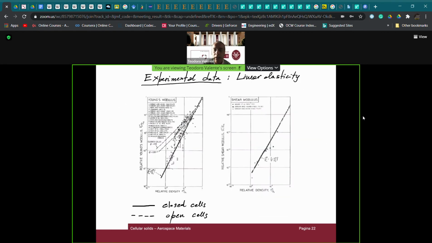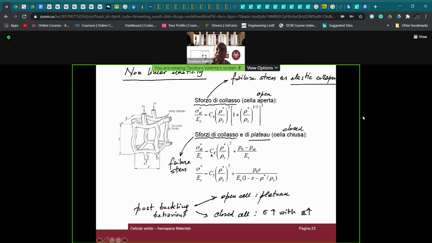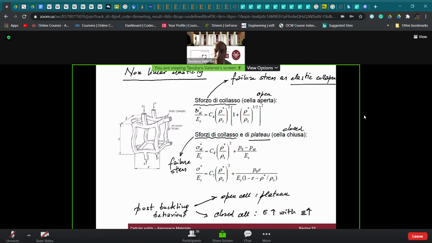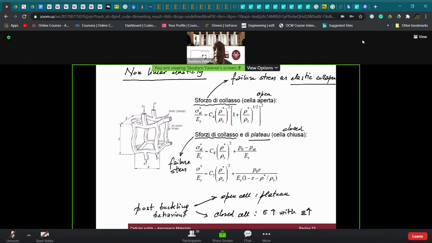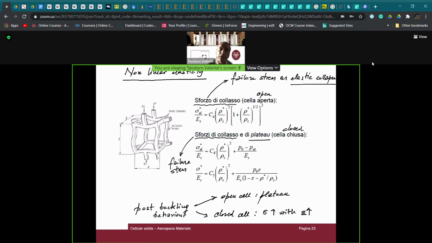Well, when we move from the open cells to the closed cells situation, we can again define, with a similar approach, the value of the initial elastic stress for buckling, the first equation here, sigma EL, which is again something depending on the ratio between the two mass densities as before, but we cannot skip in our consideration the resistance which is offered by the fluid inside the material, inside the cells.